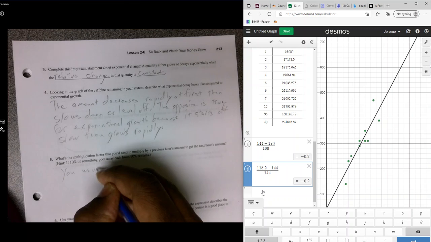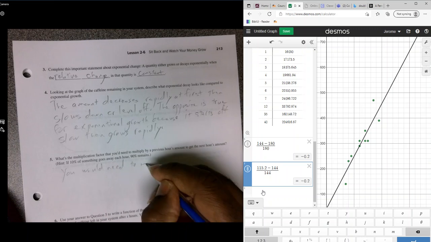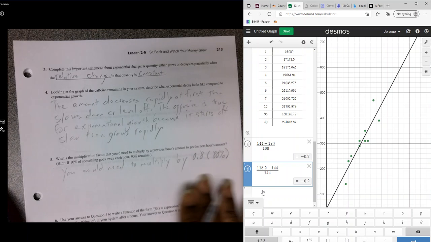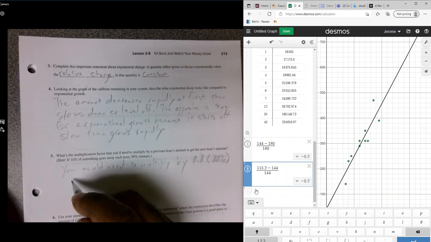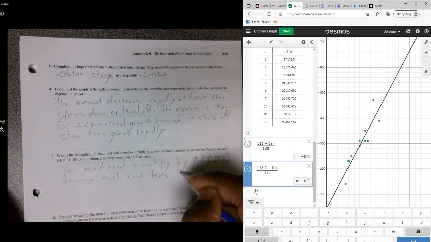So you would know that that's what we get in the 0.8, 80%, because each hour loses 20%. Well, I guess I should put from the previous hour.